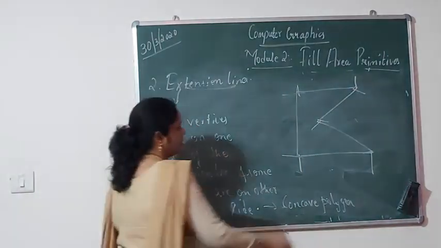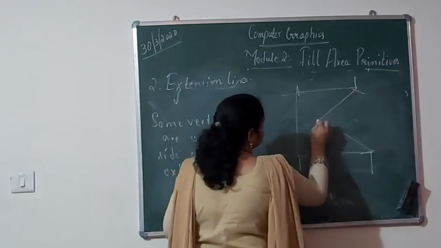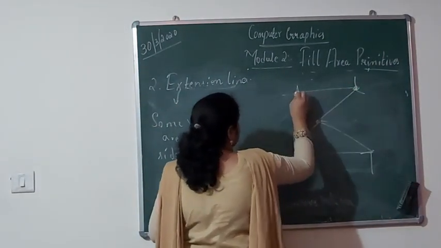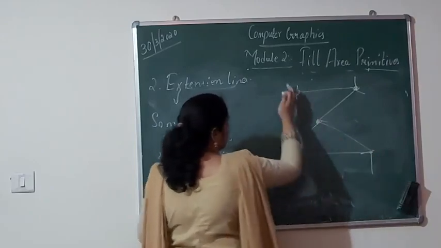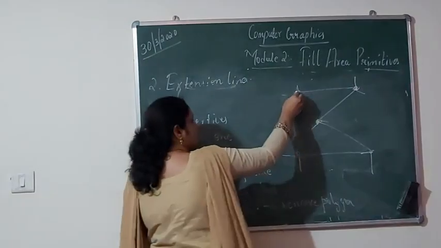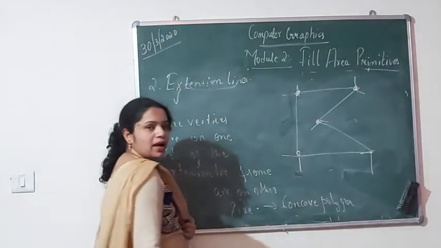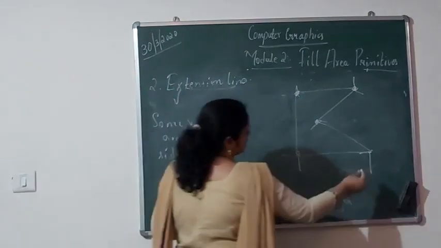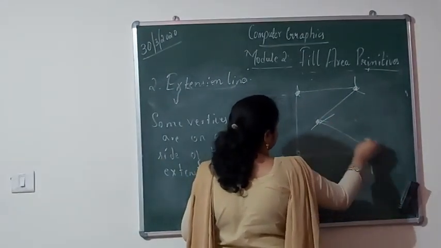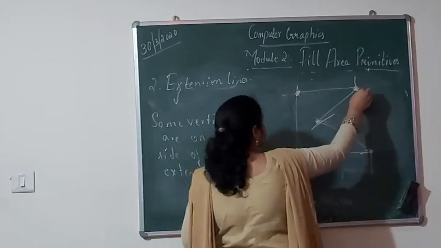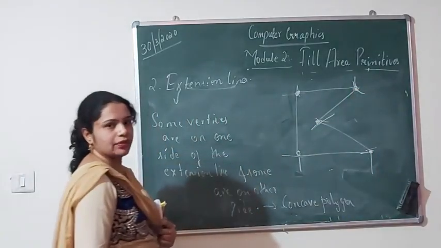As you see here, if I take the extension lines, right? If I take these extension lines, some vertices are on one part of the extension line, and some vertices are on the other side of the extension line, right? So like this, it is not the same. They are not on the same side.